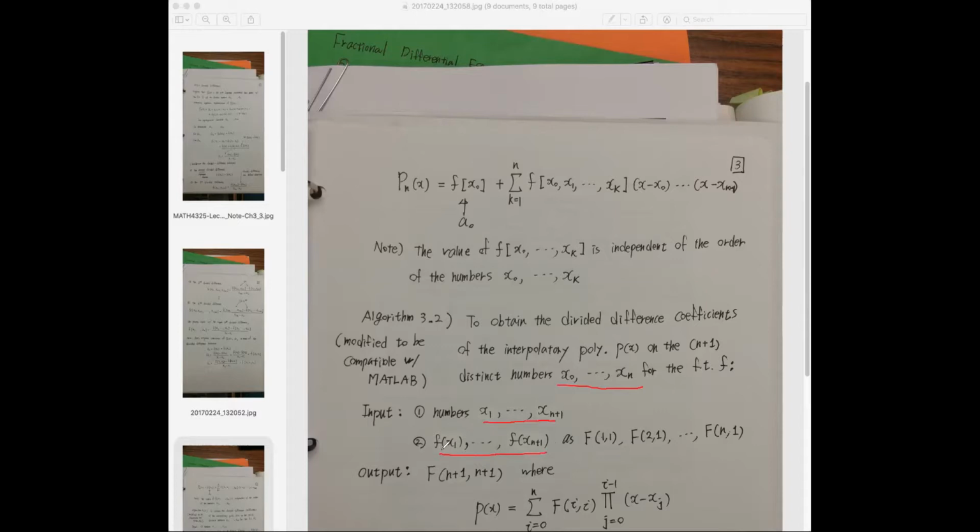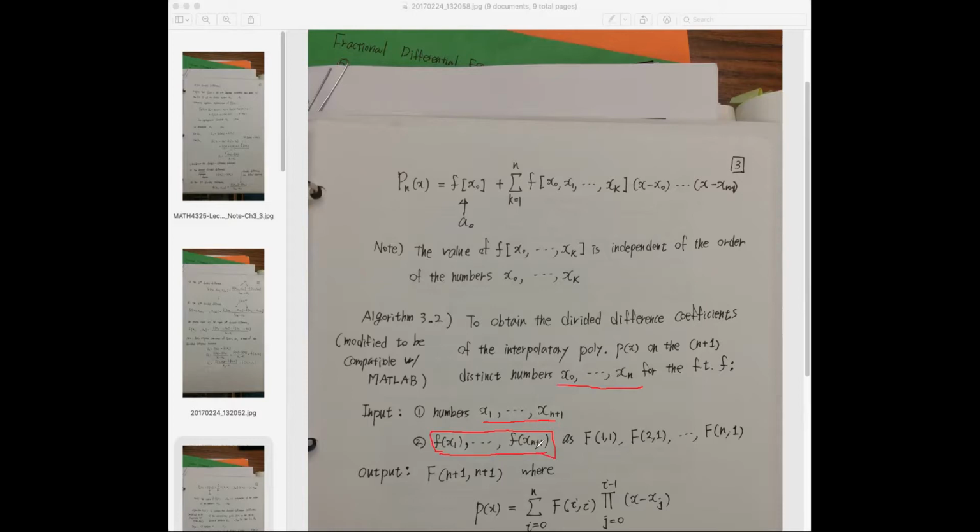Keep in mind these are nothing but the zeroth divided differences.